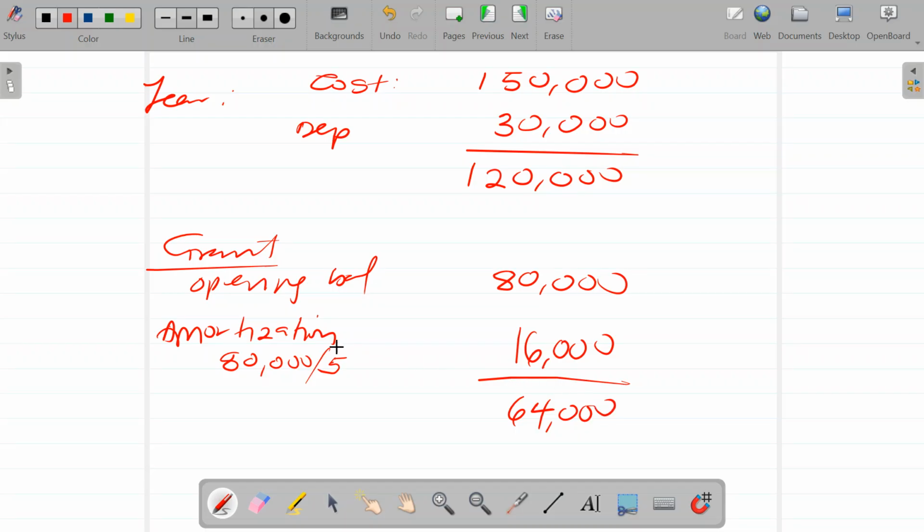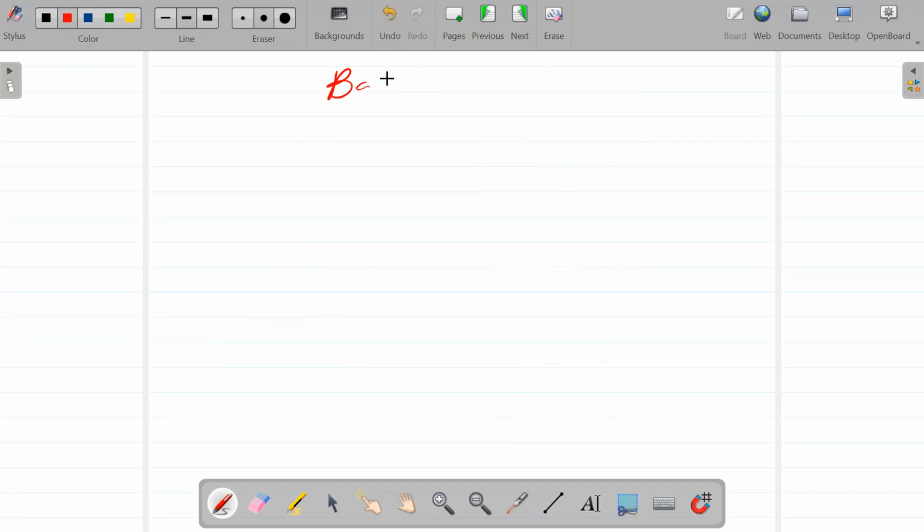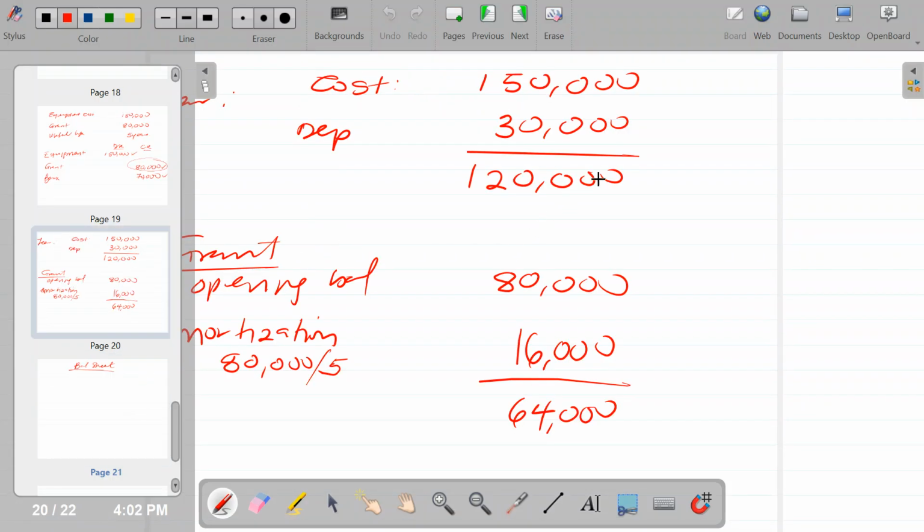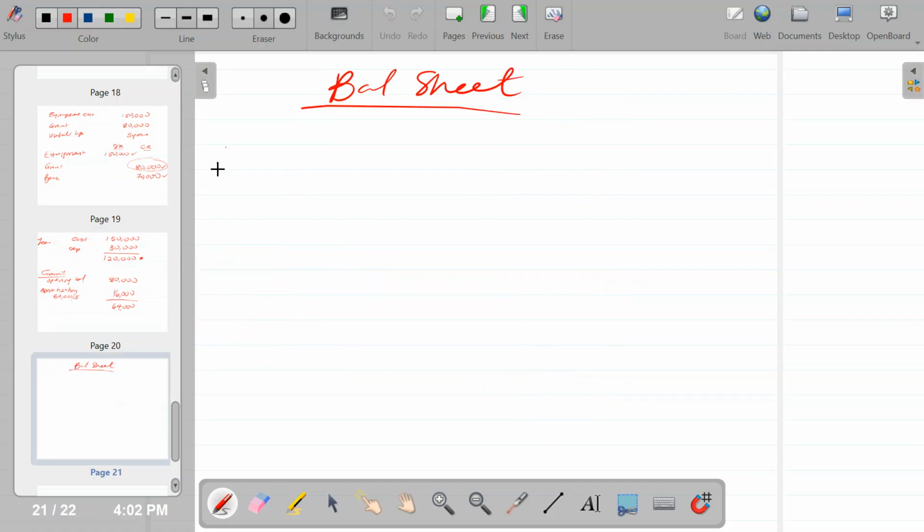So in your balance sheet, that's what will happen. You recognize the equipment at 120,000 under assets. Then the grant will be under liabilities.